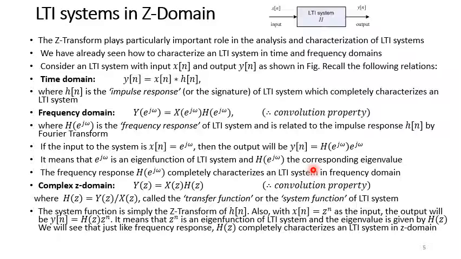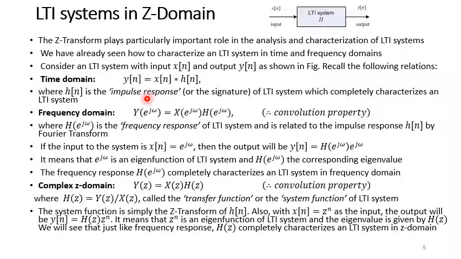And we say the frequency response completely characterizes the LTI system in frequency domain, similar to how in time domain the impulse response completely characterizes the LTI system. What does characterizes mean? That it tells you about the properties, right?